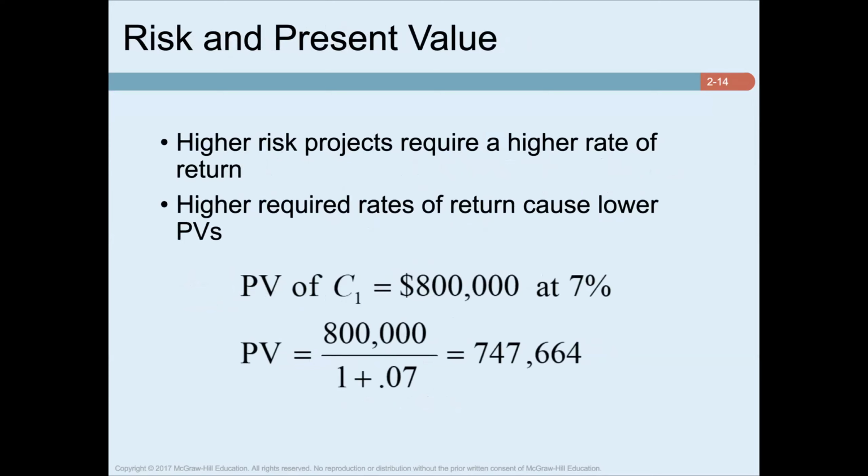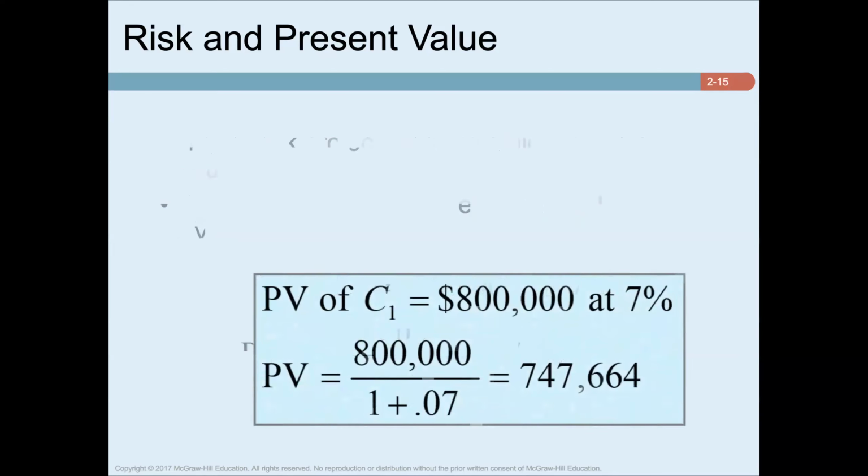But the higher risk we have, usually it will require a higher rate of return. And the higher rate of return would make the present value lower. Okay. So in this case, the rate of return is 7%. But what if we think, oh, this project is very risky?